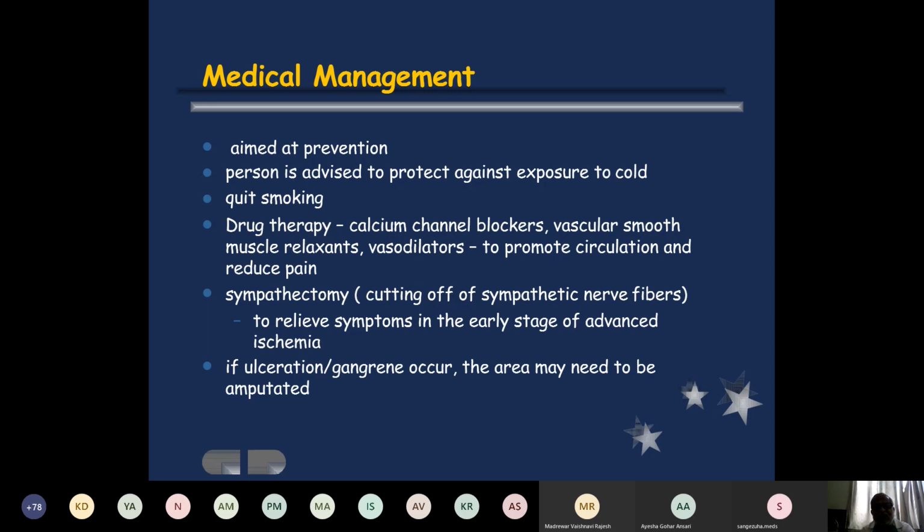Sympathectomy, cutting of the sympathetic nerve fibers, is done to relieve symptoms in the early stages of advanced ischemia because of vasospasm. If ulceration and gangrene occur, the area may need to be amputated or treated according to the site, size, and extent of gangrene or ulceration.